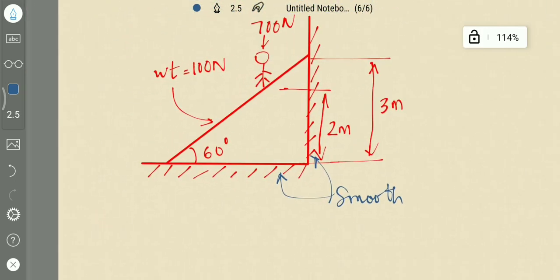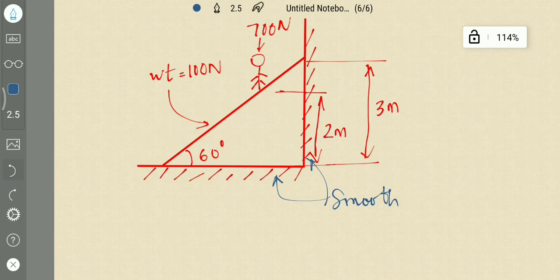He is asking us to find what force should be applied here, so that this guy standing on the ladder remains in equilibrium and this ladder does not fall down.